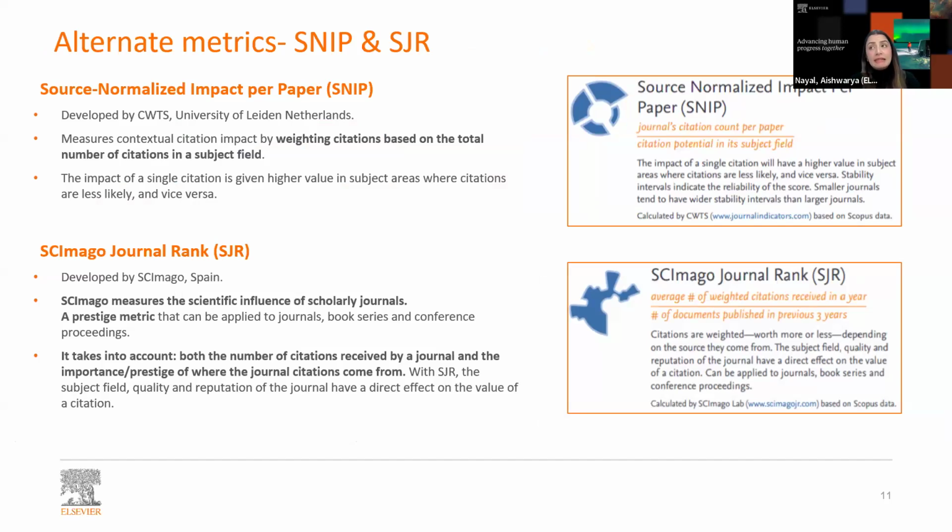Now, unlike the last three, which are highly dependent on the number of citations, SJR not only considers the number of citations, but also the prestige or the source of the citation. Where is the citation coming from? So a citation from a top author, or a citation from a patent, or let's say a citation from a researcher sitting in Harvard or Massachusetts will have much more weightage.